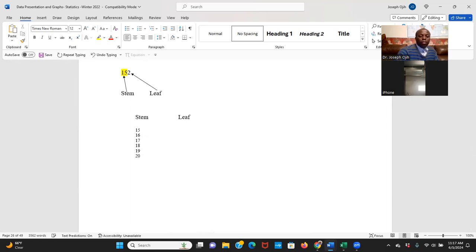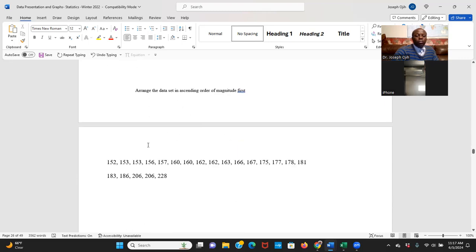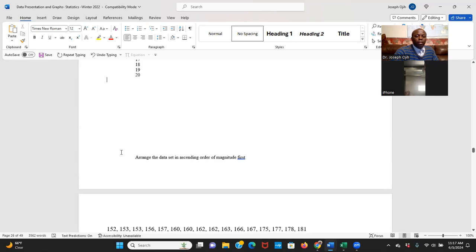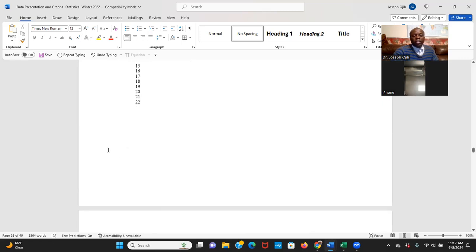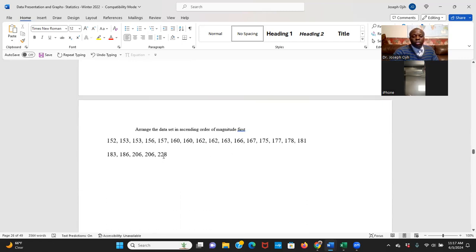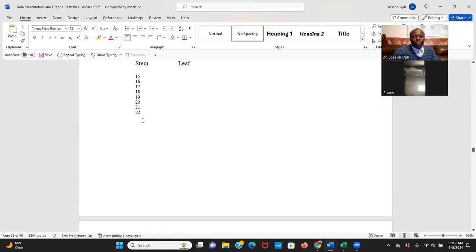So basically we're counting the first 2 digits. Then 21, 22. You can see that here. The first 2 digits here is 22. So that's why we stop at 22. Let me make it a little bigger.